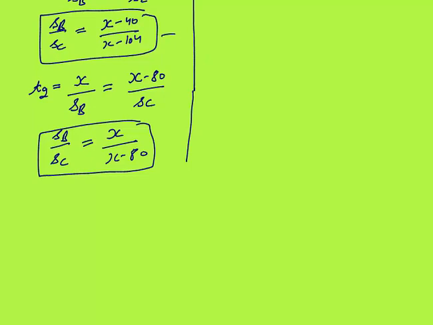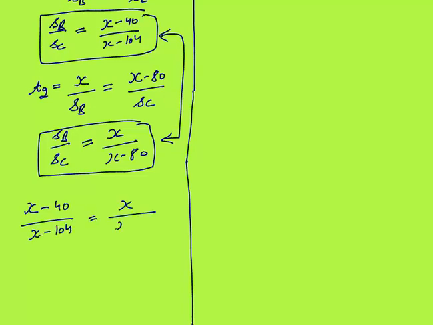Now you can see that the left hand side of these two equations is the same, SB upon SC. Now you can put it equal: x minus 40 upon x minus 104 equals x upon x minus 80.